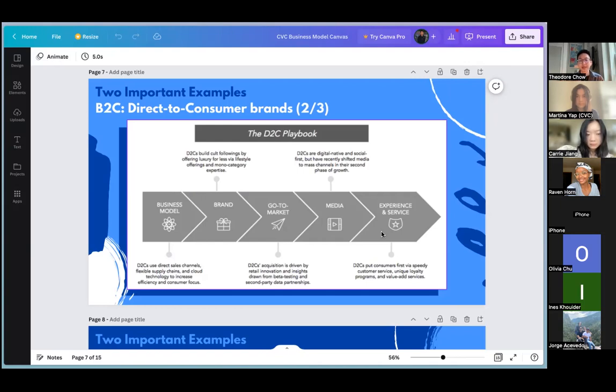And yeah, so direct to consumer is usually digitally native and social media first, which means that they are all virtual online and they usually don't have a store presence. It's not until they grow to a certain stage that they're able to expand their presence into physical stores. Basically, they put consumers first because they always want to make sure that their service is valued.